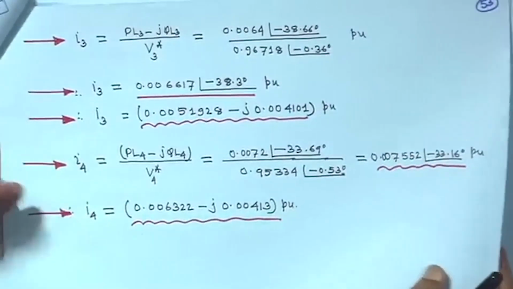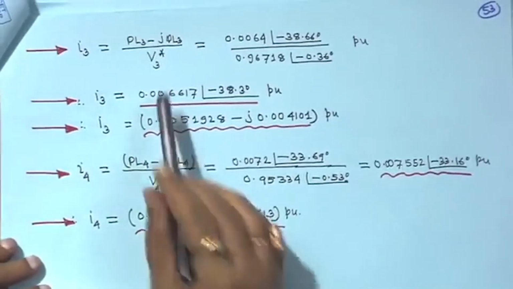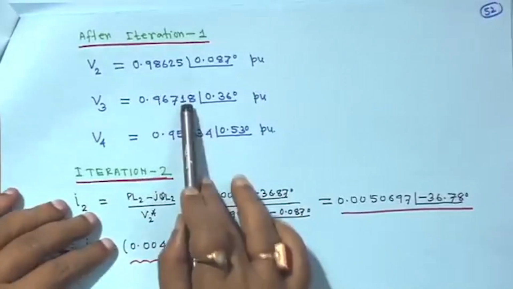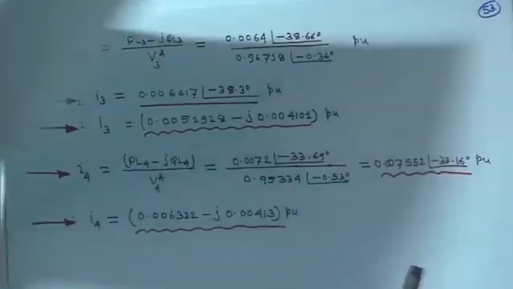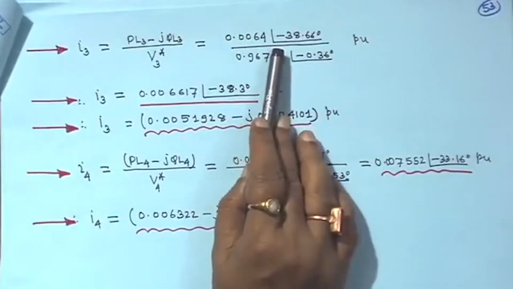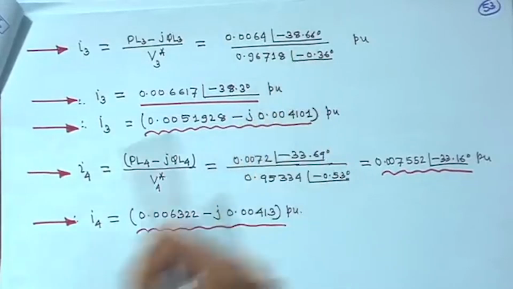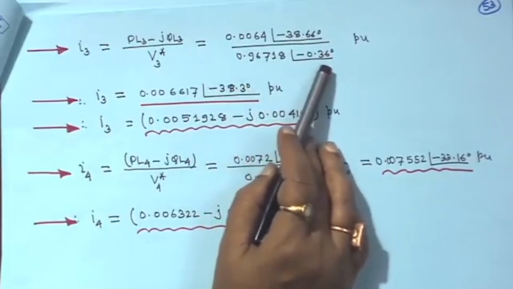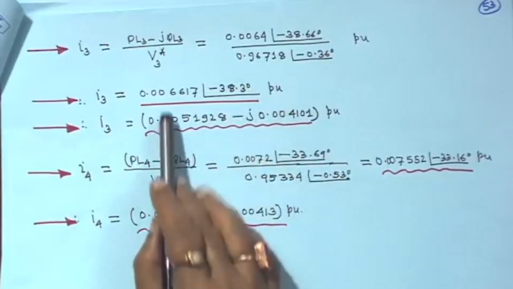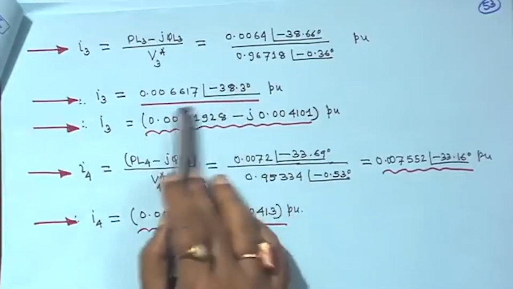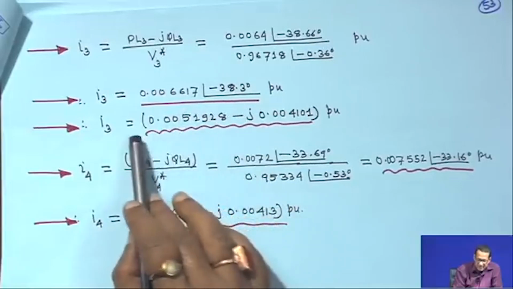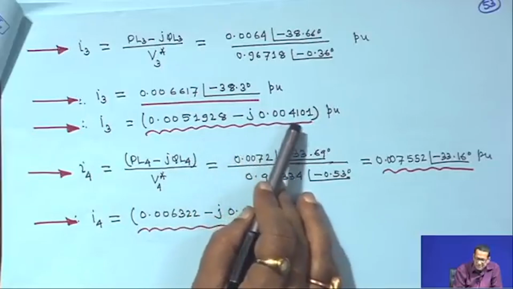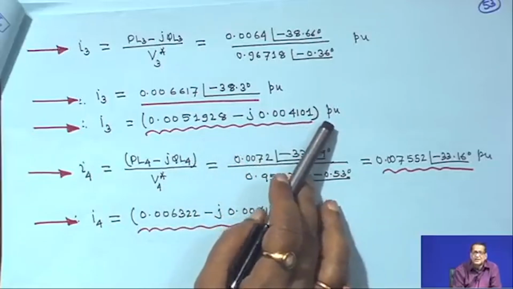Then I3 is equal to PL3 minus jQL3 upon V3 conjugate. This V3 is used, so it is 0.0064 angle minus 38.66 degree divided by 0.96718 angle minus 0.36 degree. If you simplify and separate the real and imaginary parts, I3 is equal to 0.0051928 minus j 0.004101 per unit, right.